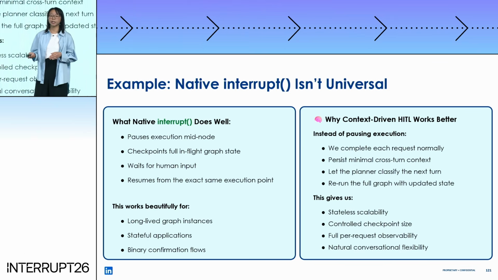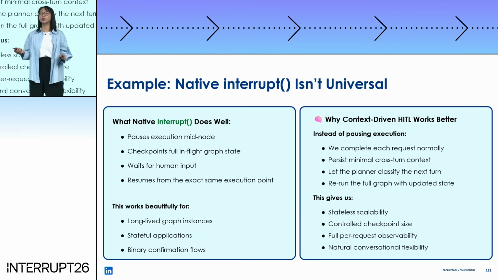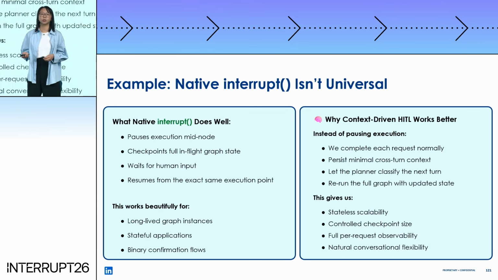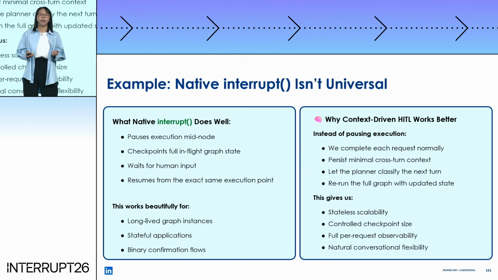So we built context-driven human-in-the-loop instead. For every input, we run the graph end-to-end, and at the end of the graph, we persist minimum cross-turn context. In the example I mentioned, we store something like: suggested removing education requirement, waiting for user confirmation.